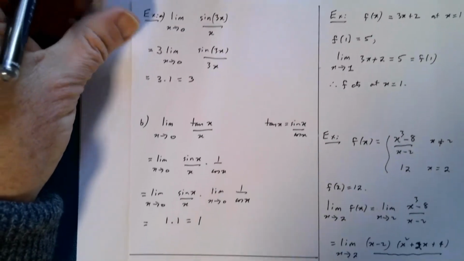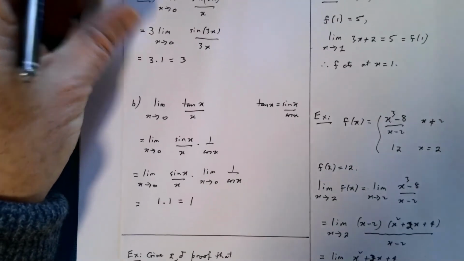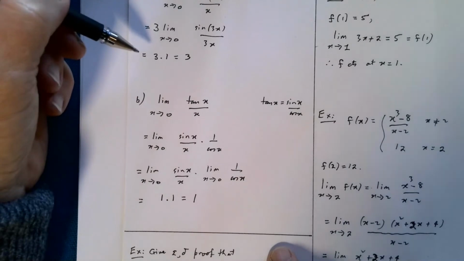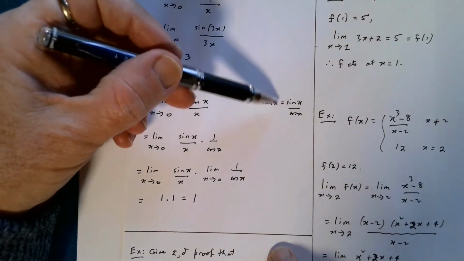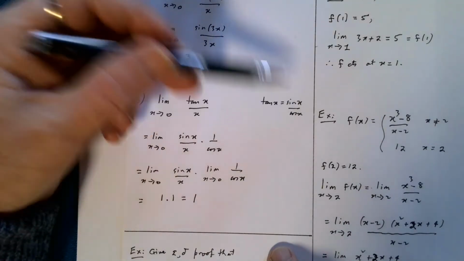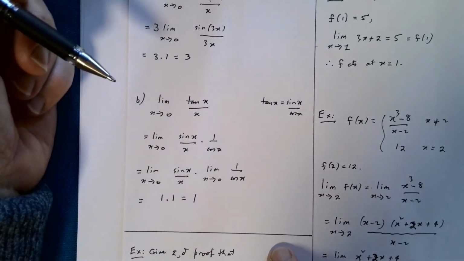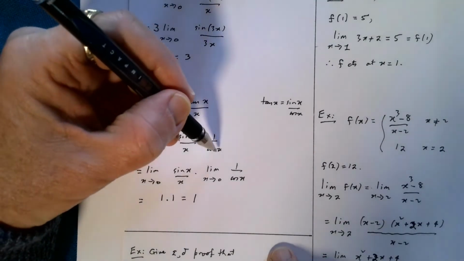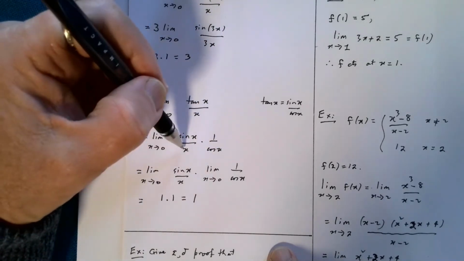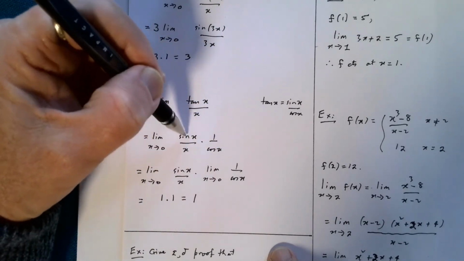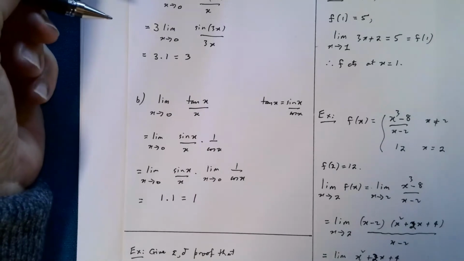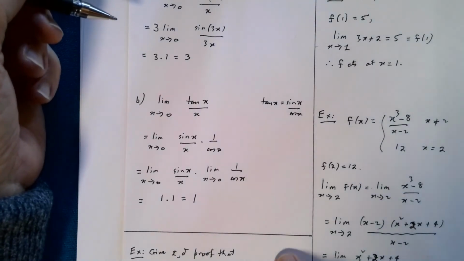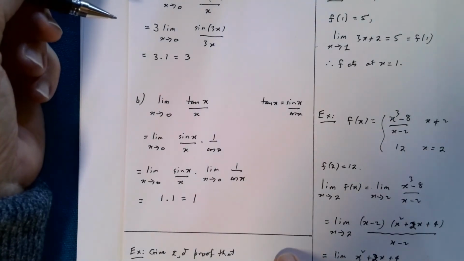Well, in part B, we're looking at the limit as x goes to naught of tan x on x. And we're going to use our important fact that tan of x is sine x on cos x. So I'm going to replace the tan with sine x on cos x. And I'm just going to rewrite it, keeping the x with the sine x. Now I'm really using my algebra of limits that we mentioned just recently.